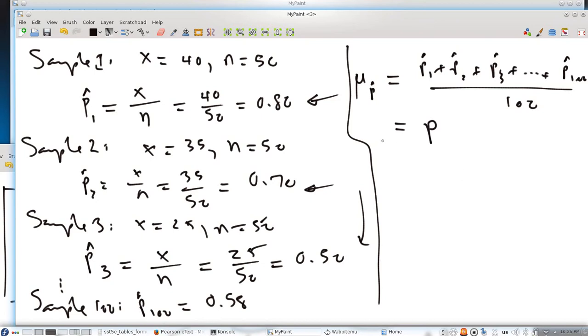So this is what we need to do to get samples from a population to get a close approximation that would be representative of the true population proportion, and we call this the mean of the sample proportions, that will ultimately equal the true population proportion.